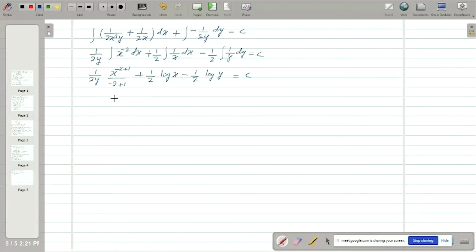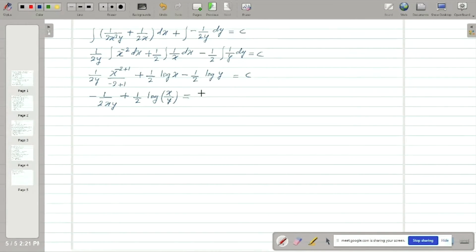So this becomes what? This is minus, no? So this is negative of 1 upon 2xy. Is it correct? Yes. Now plus 1 by 2, I'm taking as it is. So this can be written as log of x by y. Is this correct?